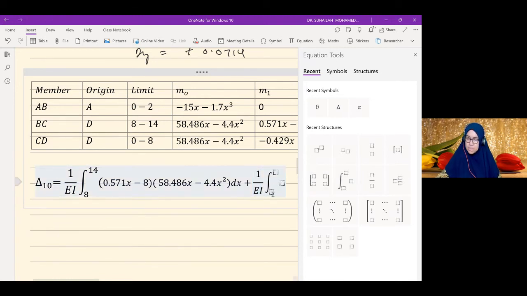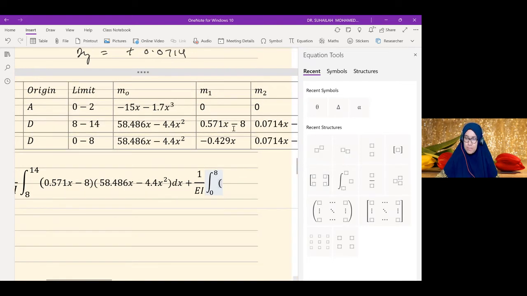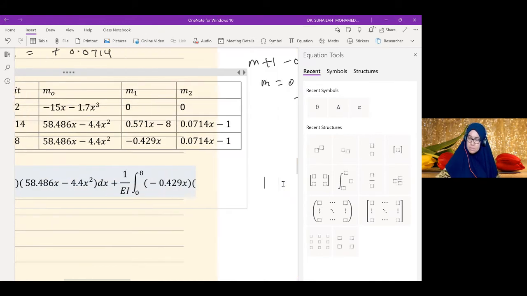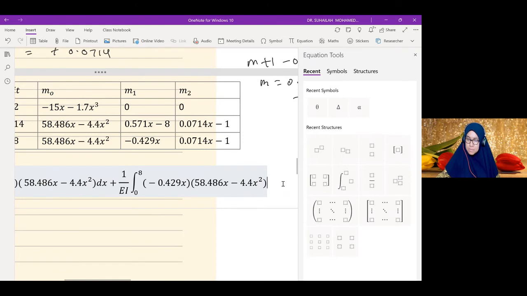We integrate from 0 to 8. It is M1, negative 0.429, dx.